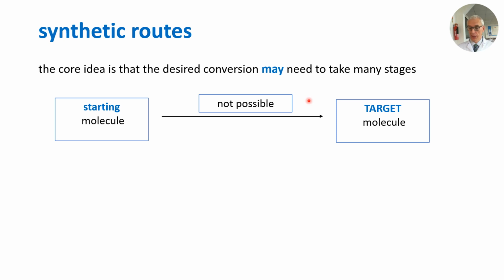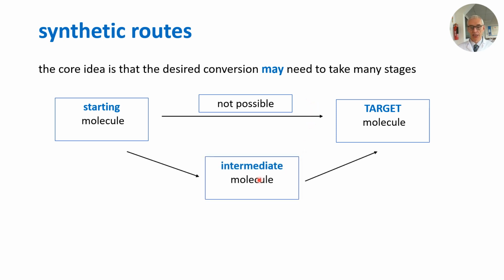Remember, we are limited to the reactions that are specified in the OCR Chemistry A specification. It may therefore be necessary to convert the starting molecule into an intermediate, and then in a second stage convert the intermediate into a target molecule.